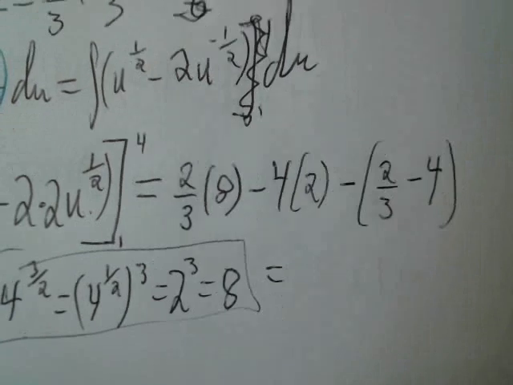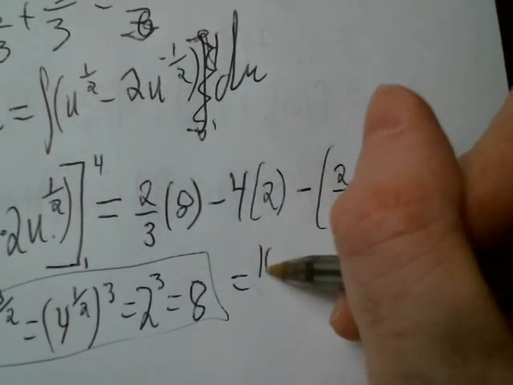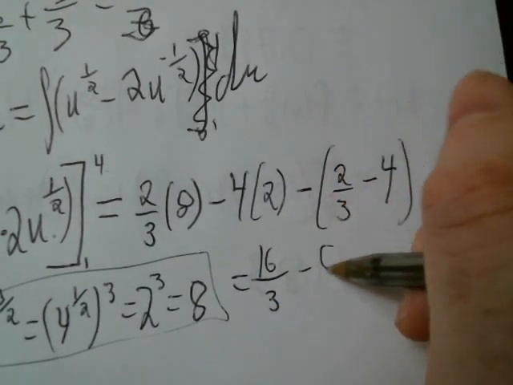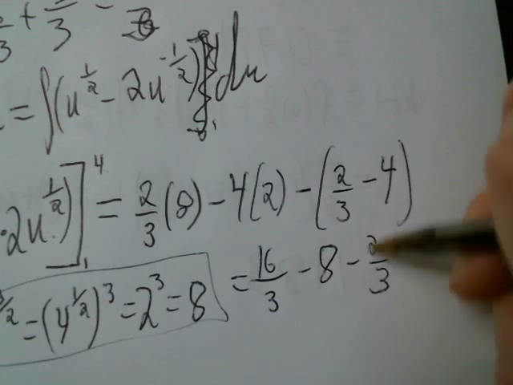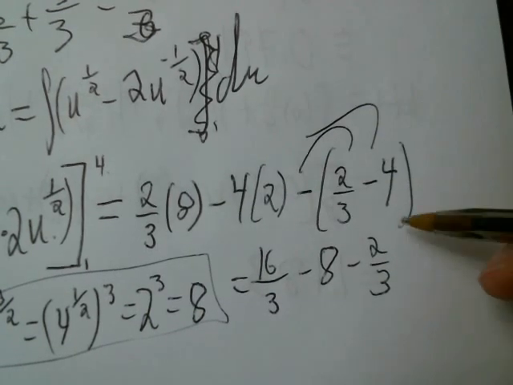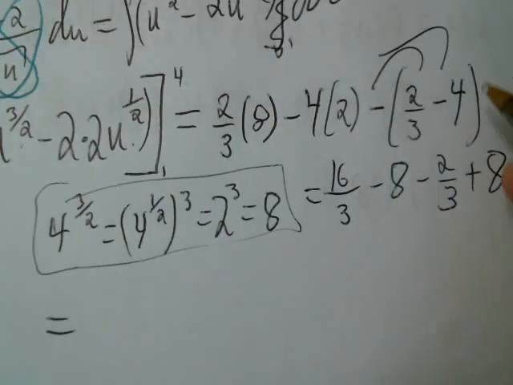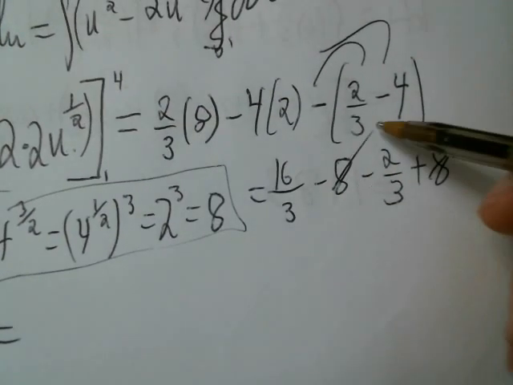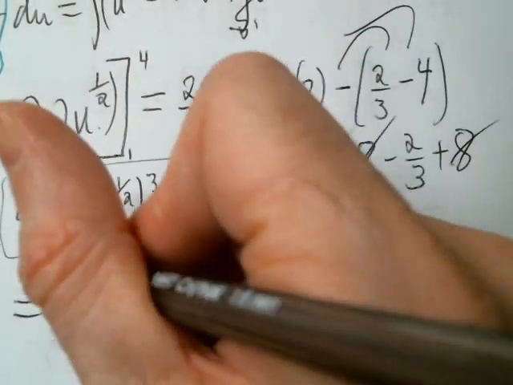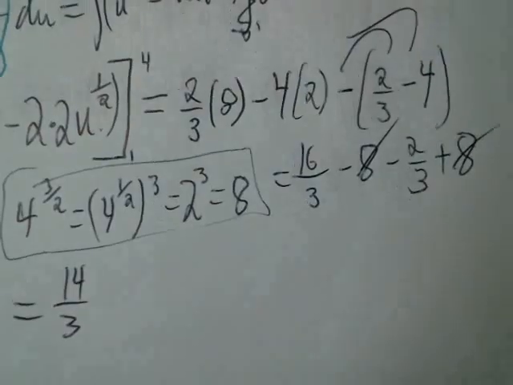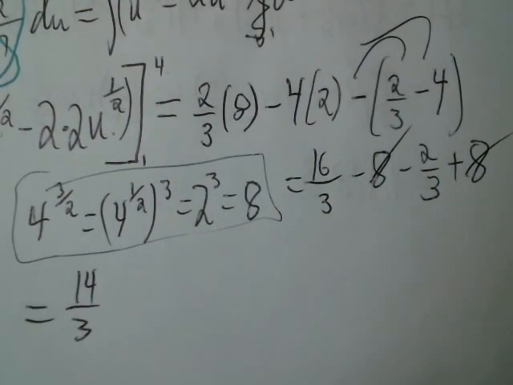Start cleaning stuff up, so 2/3 times 8 is 16/3, minus 8 minus 2/3, so distribute that negative, please, and then plus 8. Looks like the 8s will nicely cancel out, and then 16/3 minus 2/3 is 14/3, and that is my answer.